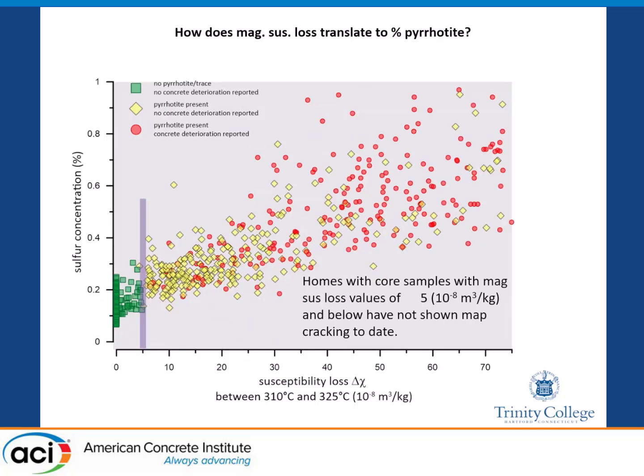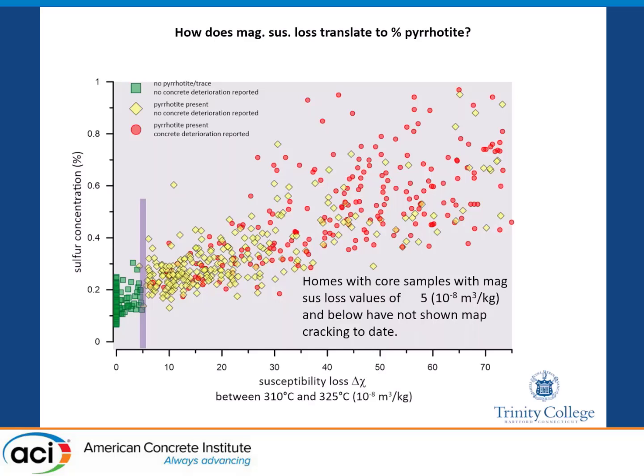If we zoom in to that same graph at the lower end towards the origin, you can see that there is this range of values from 0 to about 5 magnetic susceptibility loss where we have not to date seen any homes with any visible deterioration.